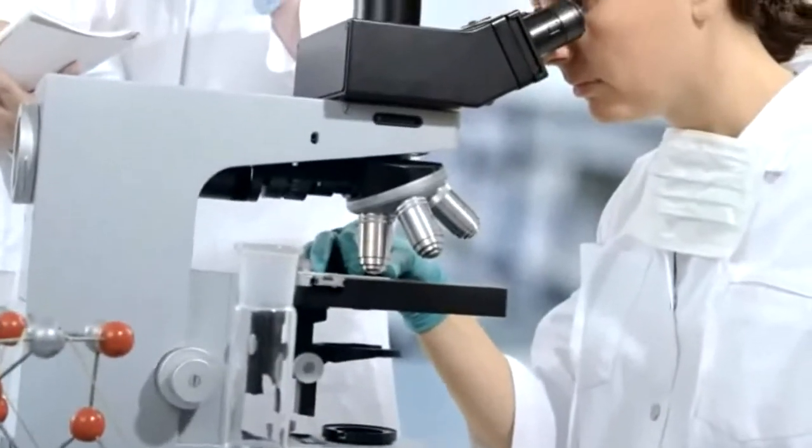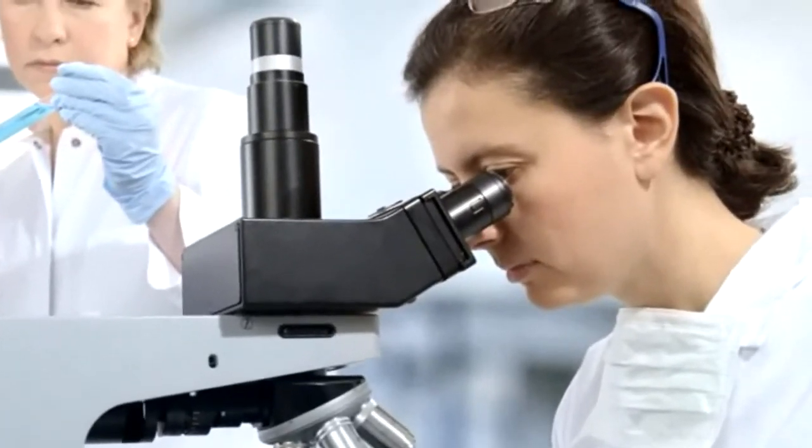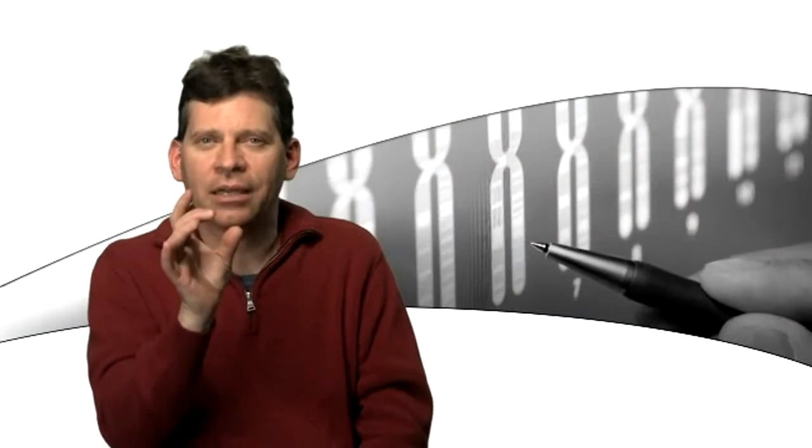So while the chemistry may be the same, the actual information that's embedded in that chemistry is very, very different. And the challenge for molecular biologists such as myself is understanding completely what that information means.